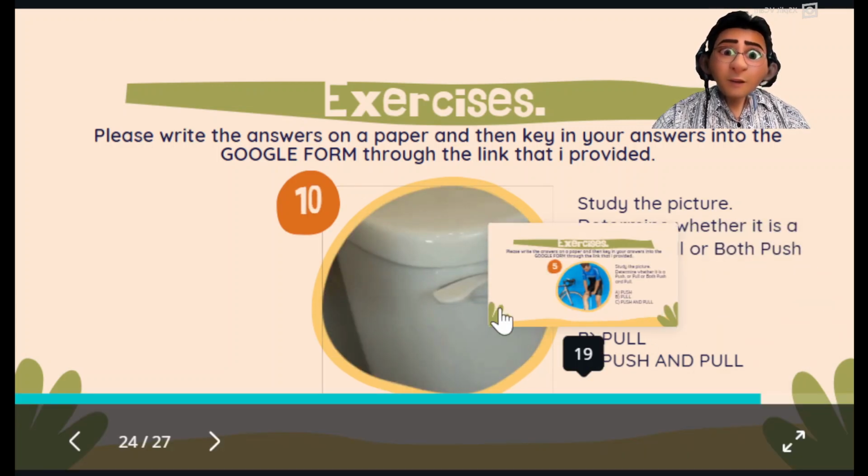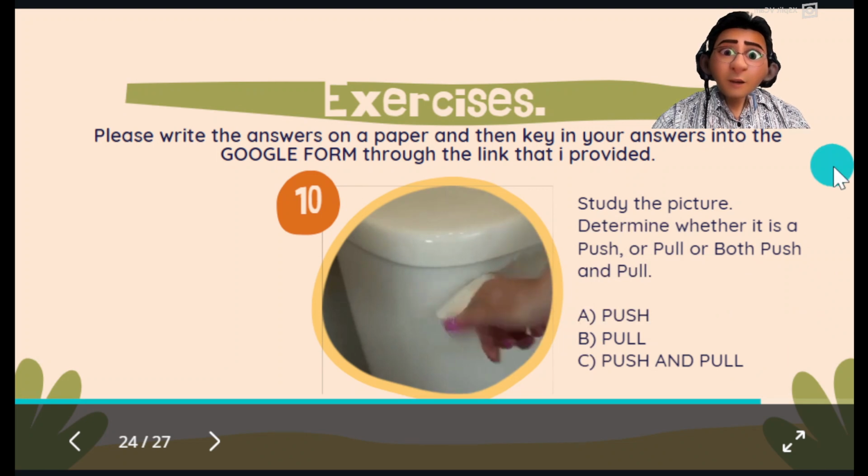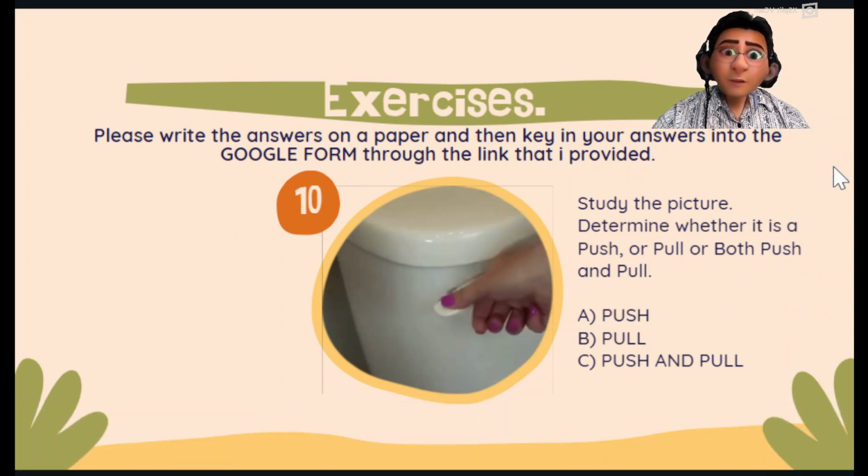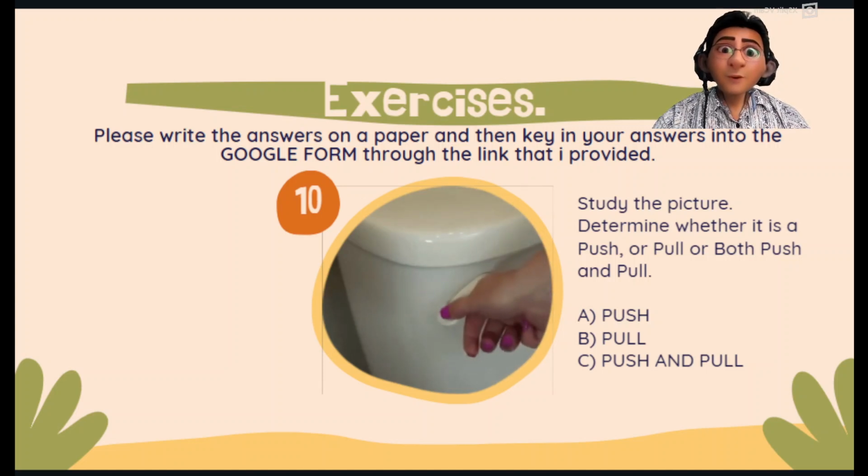How about this one? See, the person with colored nails, I think it's a woman, he is flushing the toilet. So when you do that, is it a push, a pull, or push and pull?